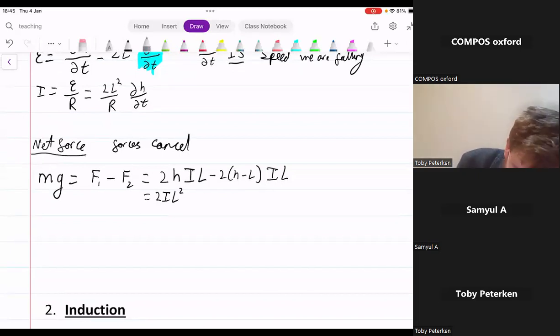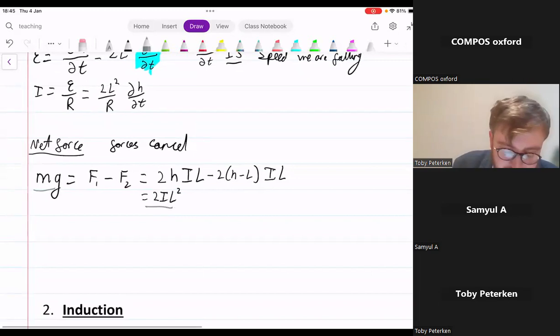Underline this, because that's what we're moving forwards with.